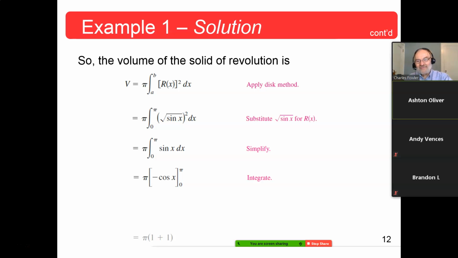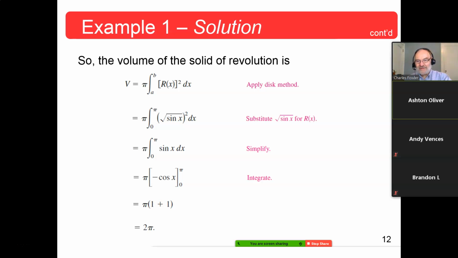At pi, that's a minus 1, which is minus a minus, which is plus 1. Then minus a minus cosine, so minus and minus again is plus. Cosine of 0 is plus 1, and that gave us our 2 pi, because 1 plus 1 is 2. Didn't know you'd be doing such high-level math today, did you? Okay. Any questions on that one?